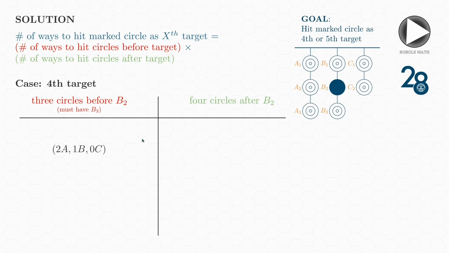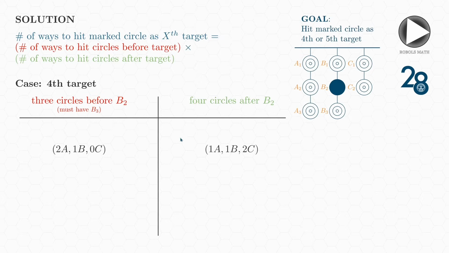And then after hitting B2, what's left with us is A1, B1, C1, and C2. So in notation, we put that as 1A, 1B, and 2C, right? So this is one configuration of hitting the shaded circle as a fourth target.